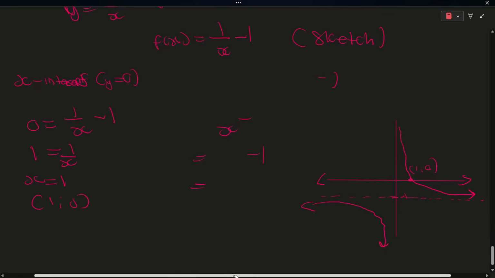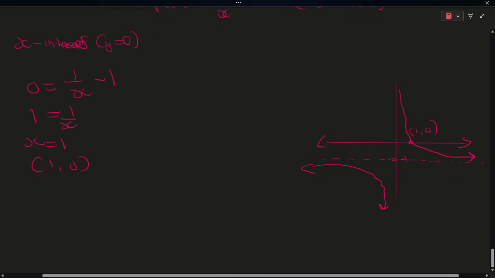Okay. And now, what is the question that you can expect? Let's say they can ask you to write down the equation of the asymptote for this graph.